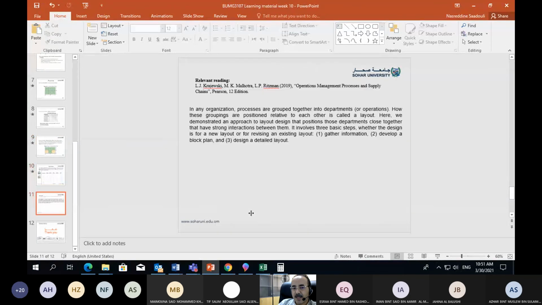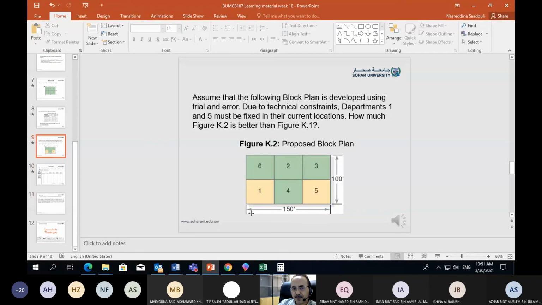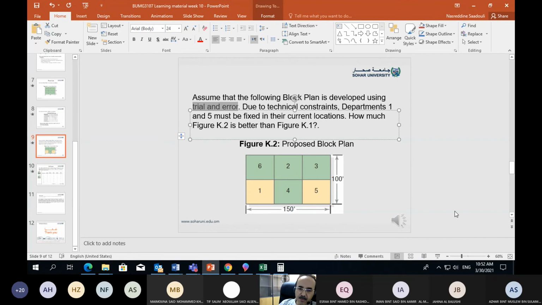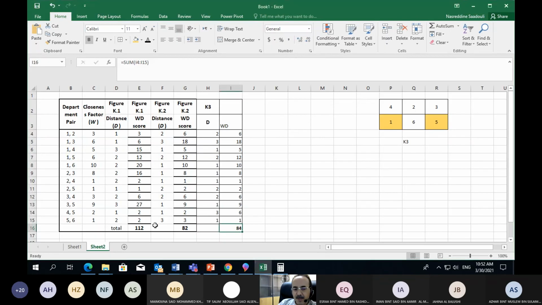Using trial and error, we develop different block plans, compare them based on the total WD score, and then choose the one that has the lowest total score.